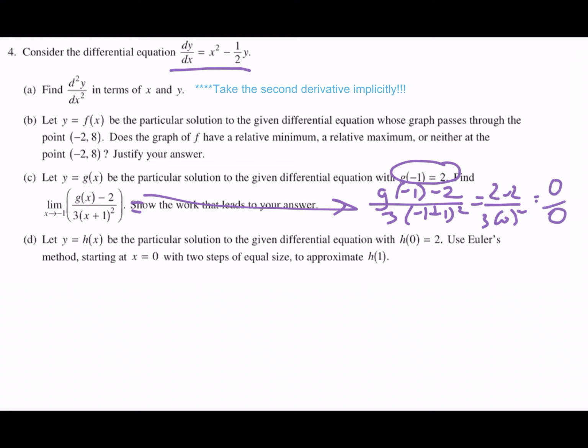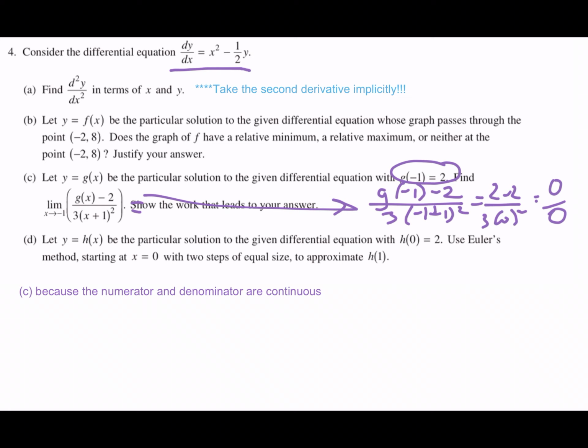Anytime I get 0 over 0, I have to do L'Hopital's. But I have to give AP what AP wants in order to do L'Hopital's. So I'm going to have to state the following. Because the numerator and denominator are continuous, that's the very first thing you have to get out.